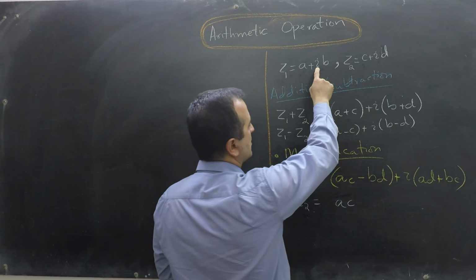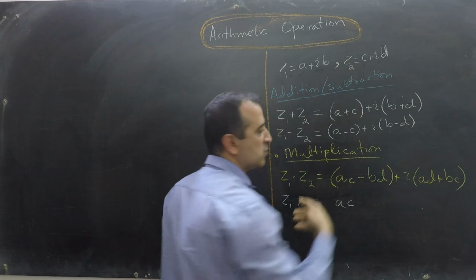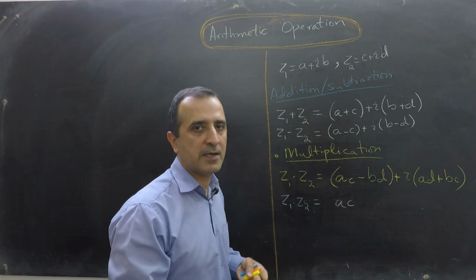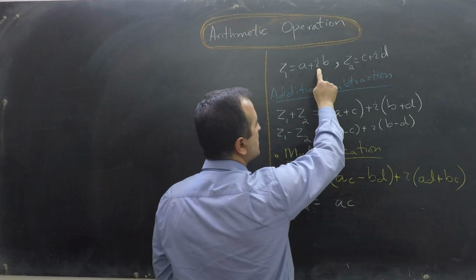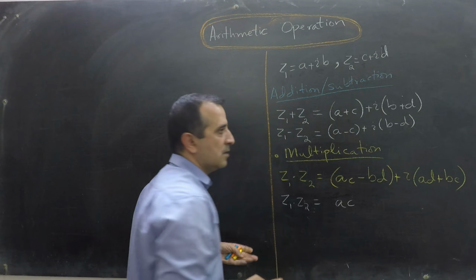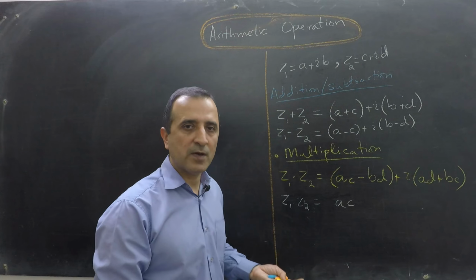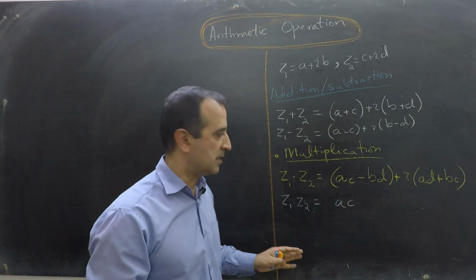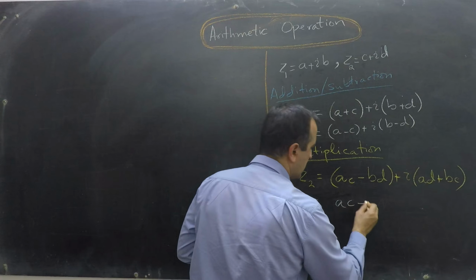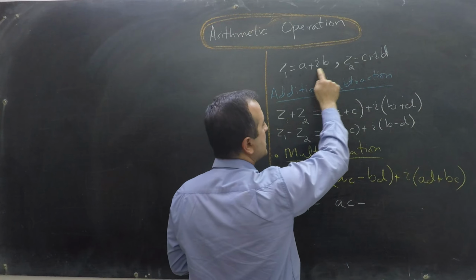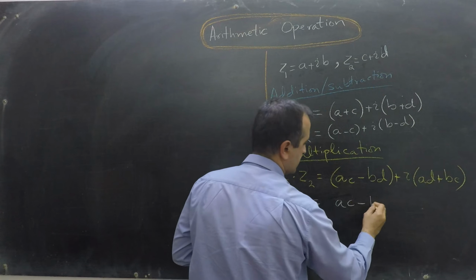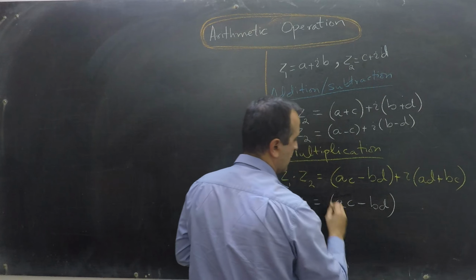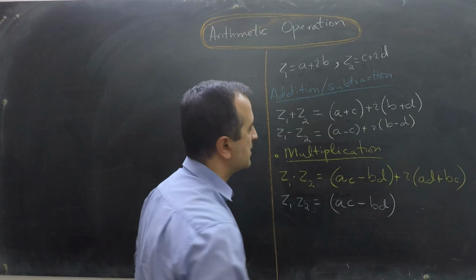If I multiply iota b with c, it will also be an imaginary term because it will have an iota in it. However, when I multiply iota b with iota d, then iota square is equal to minus 1, and there will be no more an iota. So that's why iota b times iota d is minus bd. So these are my two real terms.